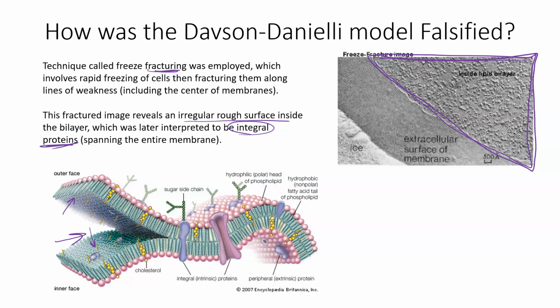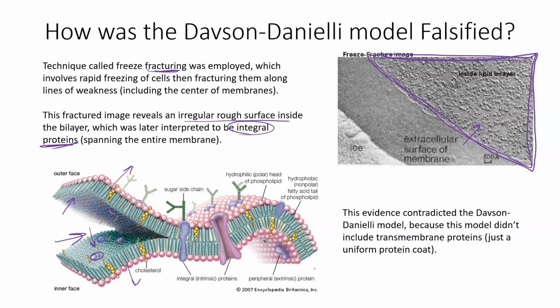So in effect, we took this layer up and this layer down, and because there were these individual bumps, these were in fact the proteins spanning through the membrane that now became visible. And because we could now see that there were membrane proteins spanning the surface, it contradicted the way the Davson-Danielli model was articulated at the time.